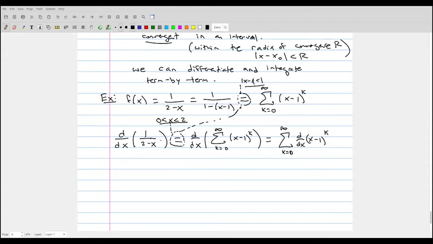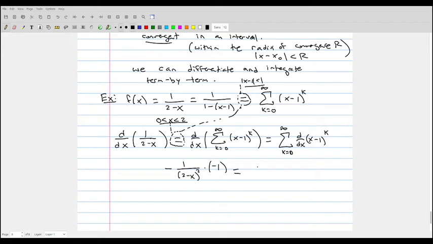So the derivative of the left-hand side, from the chain rule, will be 1 over 2 minus x squared, which comes from the negative power multiplied by negative 1, the derivative of 2 minus x.